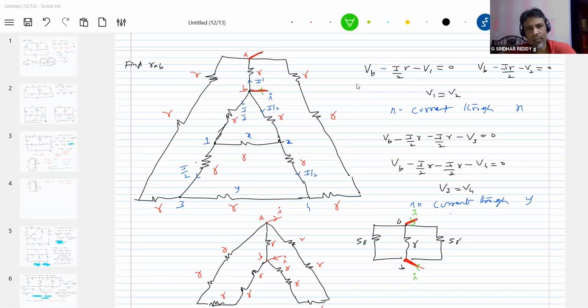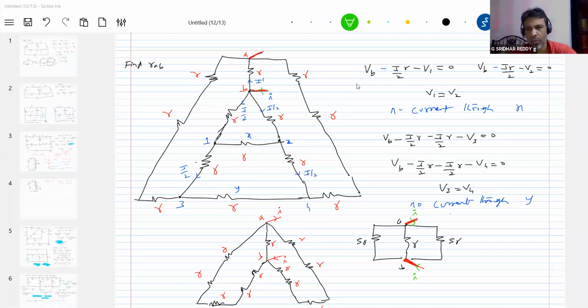So what are the two important things I'm going to follow here? If a resistor is connected across equipotential points, no current flows through it; remove that resistor from the circuit. Similarly, if two points in a circuit are at the same potential, make them a common point, redraw the circuit and simplify further. These are the two situations we are going to come across.